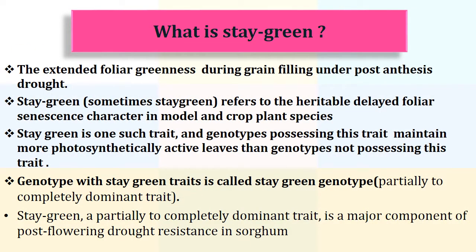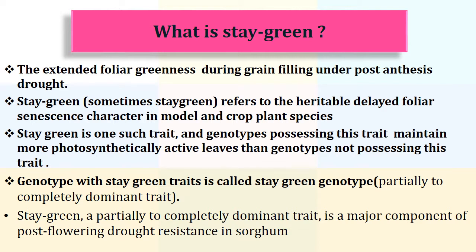Coming to the stay-green trait, the extended foliar greenness during grain filling under post-anthesis drought is nothing but the stay-green trait. Stay-green sometimes refers to the heritable delayed foliar senescence character in model and crop plant species.